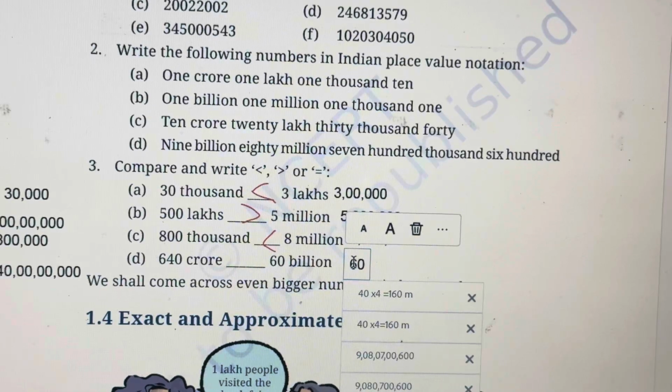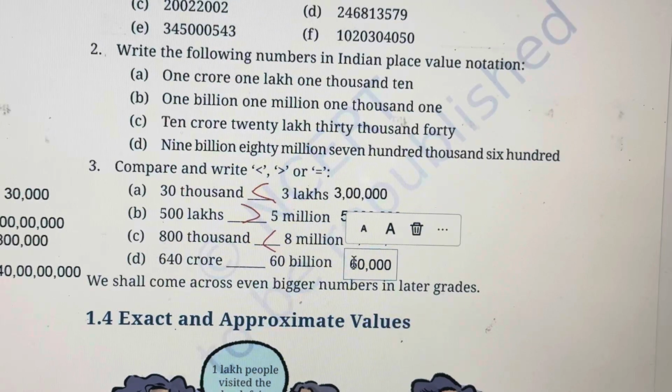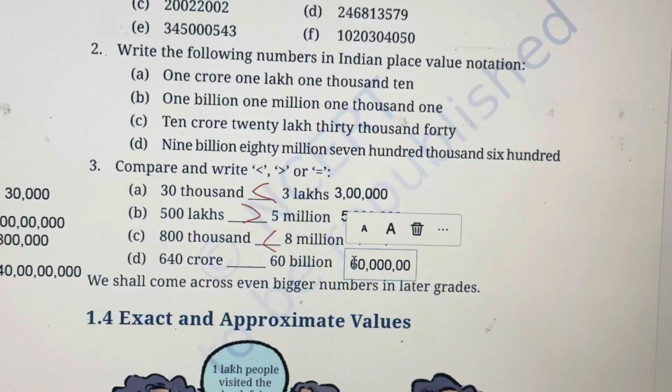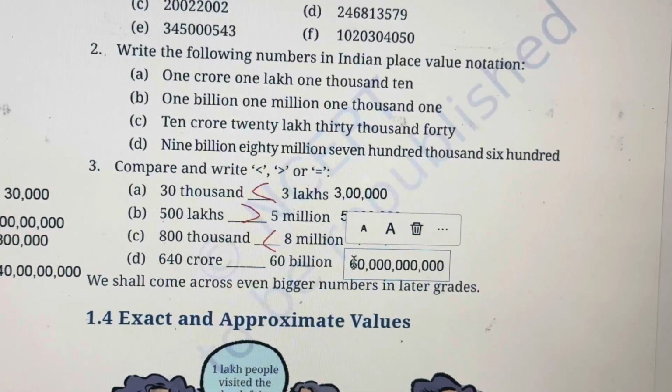And then for billion you will put 9 zeros. This is 3 zeros for million, 3 zeros for thousands and 3 zeros for ones. This is the way you should remember how to put the number of zeros. So here there are 10 zeros and here the number of digits are also less, right? So 60 billion is greater, right?